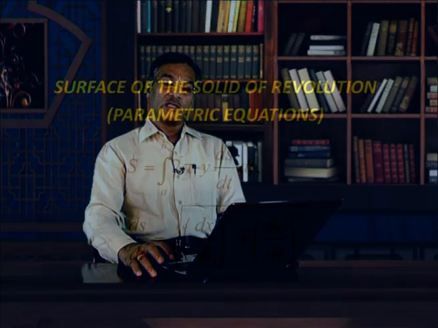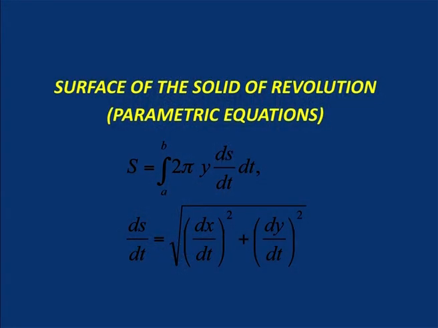Now, I will explain the surface of solid of revolution in another type of equation. Let us suppose the equation of the curve is given in parametric form, then the surface area is given by integral a to b 2 pi y (ds upon dt) dt, where ds upon dt is given by root (dx upon dt) whole square plus (dy upon dt) whole square, where t is the parameter, x is a function of t and y is some other function of t.